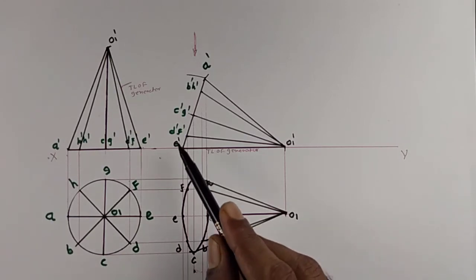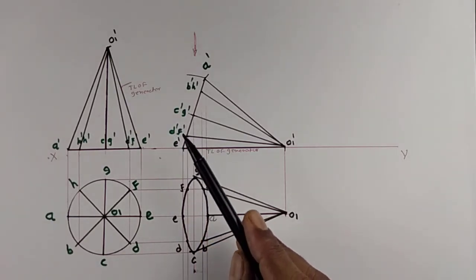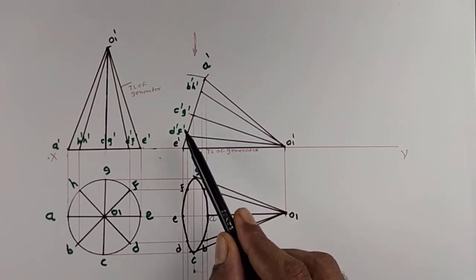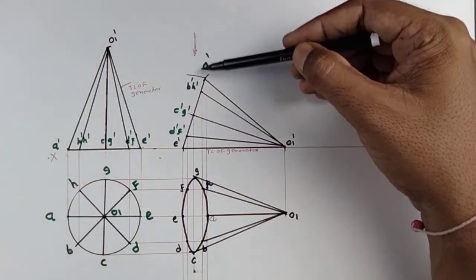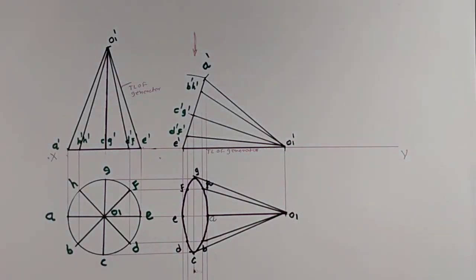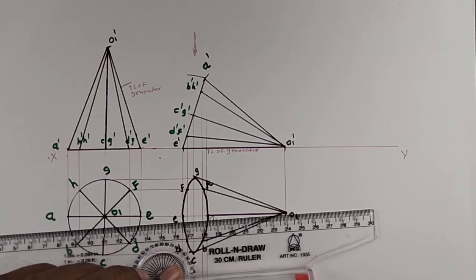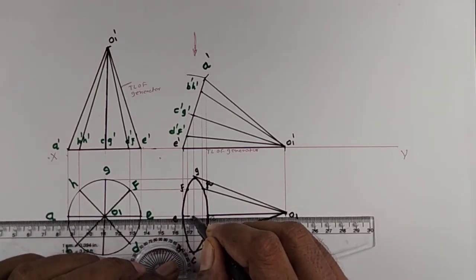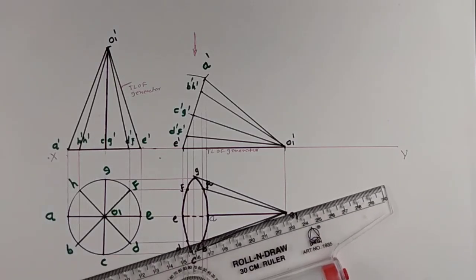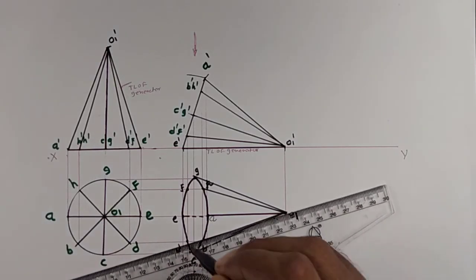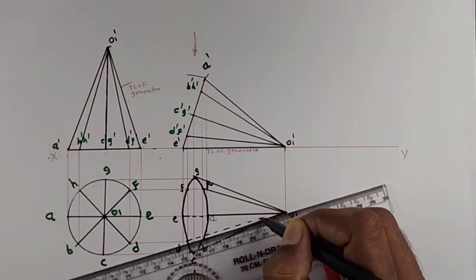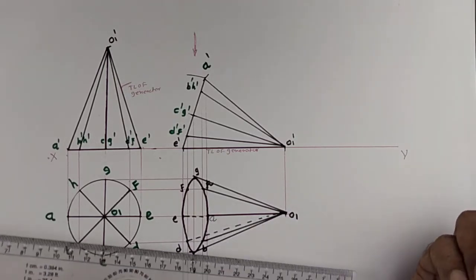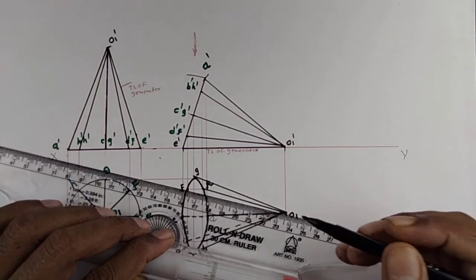But the generators to the circumference points C, D, E and F are not visible from the top view, so we show the intermediate parts as dotted lines. This is connected with a dotted line, and FO1 is also connected with a dotted line.